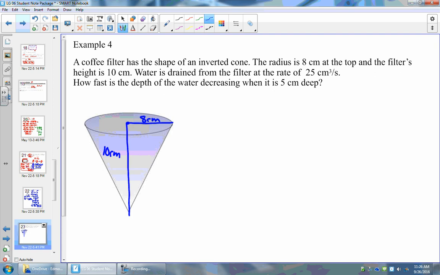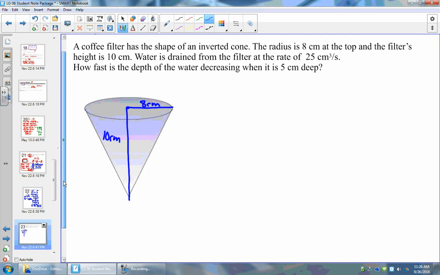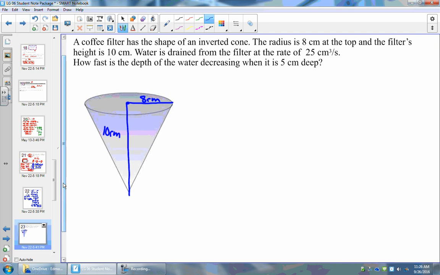If we visualize what's happening here, we've got a new cone that's being created, right? Imagine that water is coming out, and if the water is drained, I just picked that random spot, that's what the new cone would look like, right?